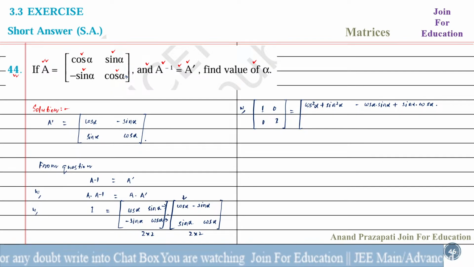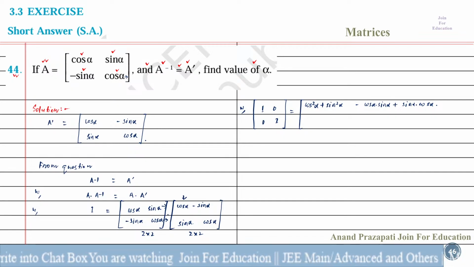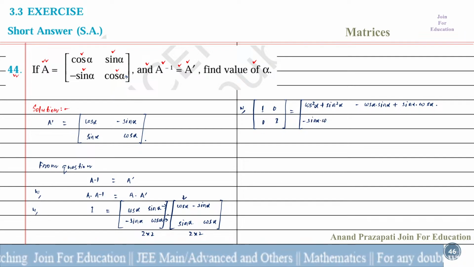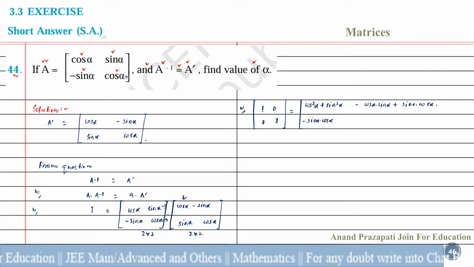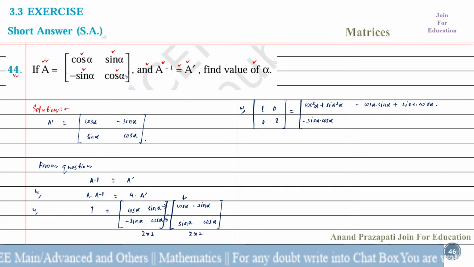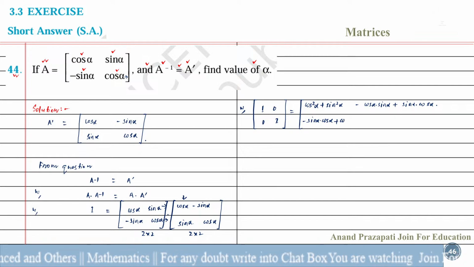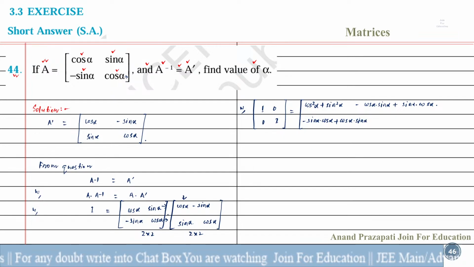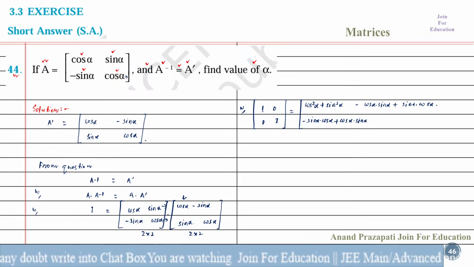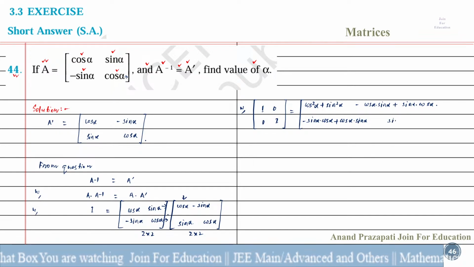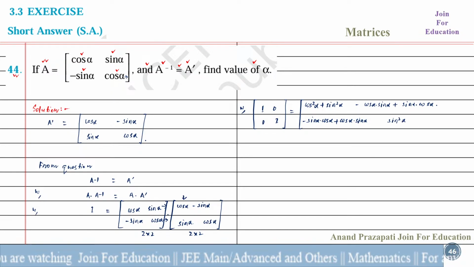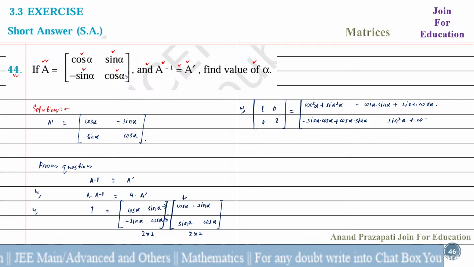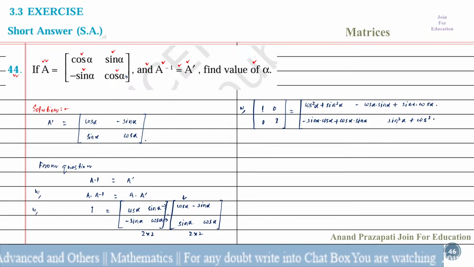Second row by first column, then we get here minus sin alpha into cos alpha plus cos alpha into sin alpha, and minus sin alpha into sin alpha equal to minus sin square alpha, and cos alpha into cos alpha equal to plus cos square alpha.